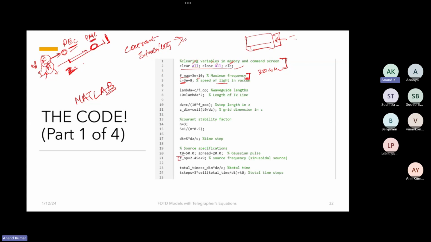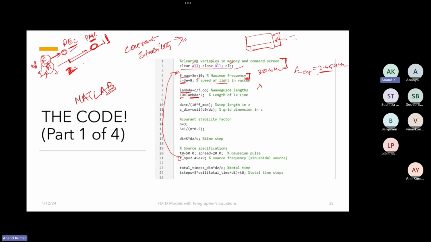I think I've misplaced this particular variable. This fop should have been over here, and the operating frequency for this particular case is 2.45 gigahertz. fop is the operating frequency on the basis of which I'm calculating lambda, the wavelength, and based on this wavelength, the length of this transmission line.